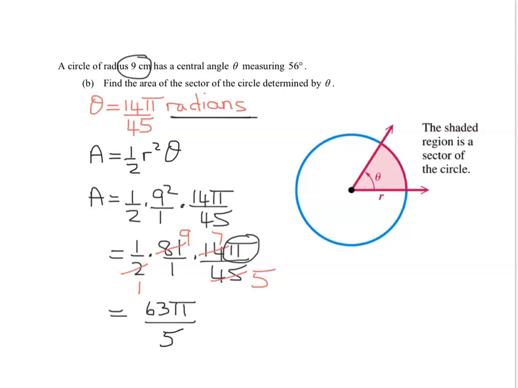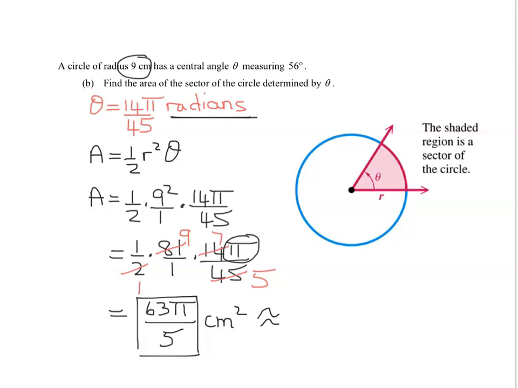And don't forget, this is area, so it's going to be in units squared, and my units are square centimeters. So if they ask you for the exact answer, there is my exact answer. And again, you might have to do the approximate number in the calculator. So you will do 63 times the exact version of pi divided by 5.